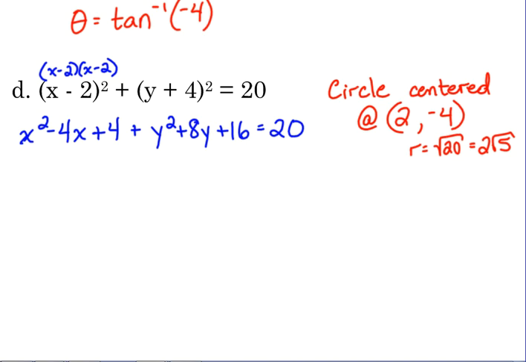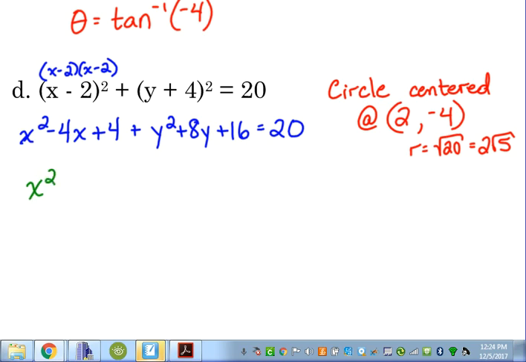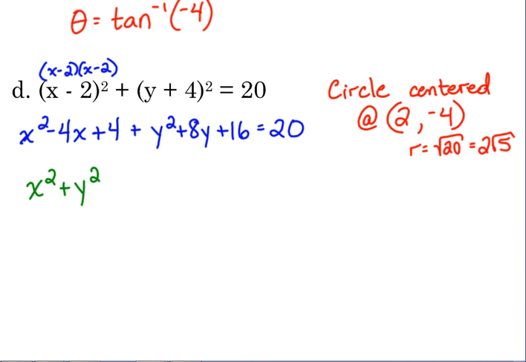I'm doing this to simplify things as much as possible before I substitute. I'm going to group some variables together. I'm going to put my squared terms together, x squared plus y squared. Then I'm going to list the negative 4x, the positive 8y, and then what do we have?